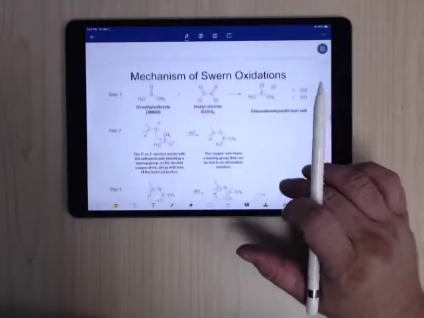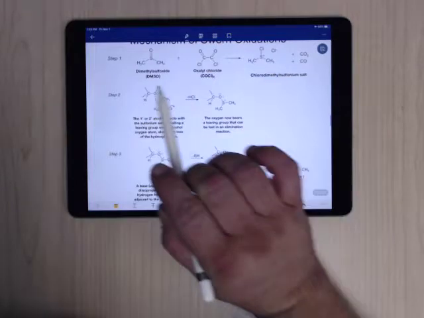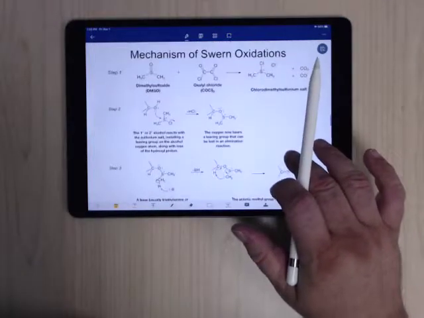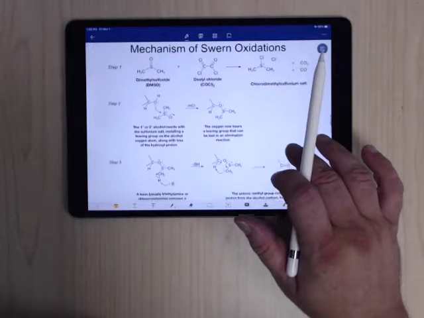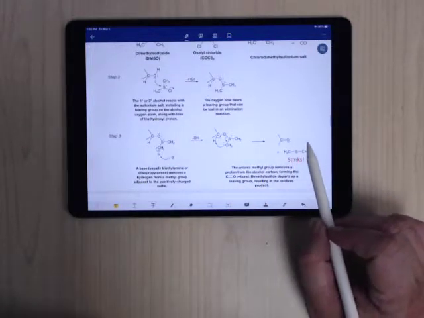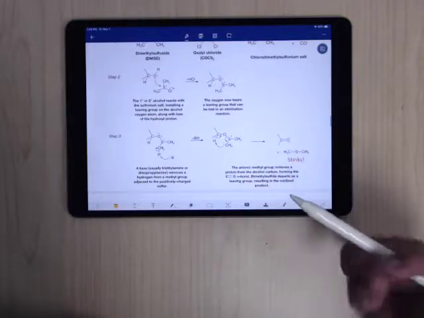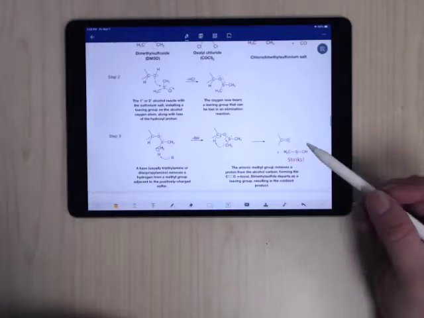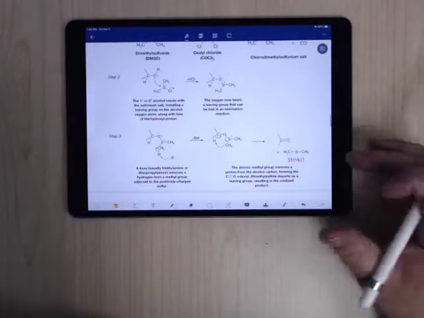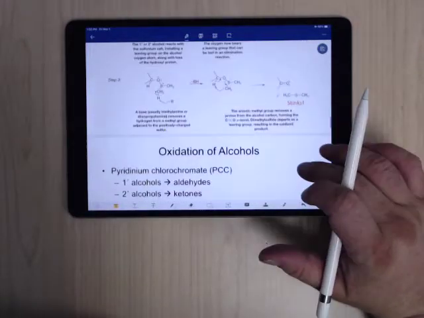This is the mechanism. It's kind of a crazy mechanism. I'm not going to go through it. But it does work quite well, and it produces dimethyl sulfide, which is what they put in natural gas so you can smell it, and it stinks. Even if you do it in a hood, you usually smell it. But it is a very cool mechanism.